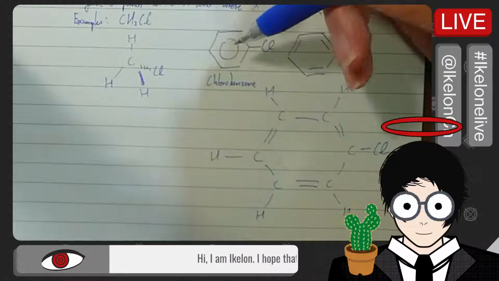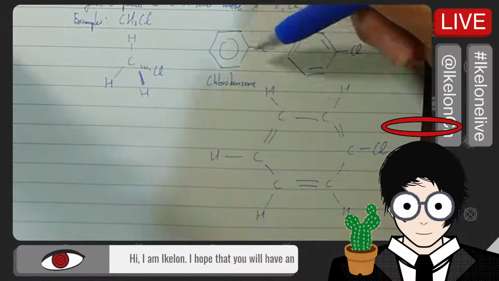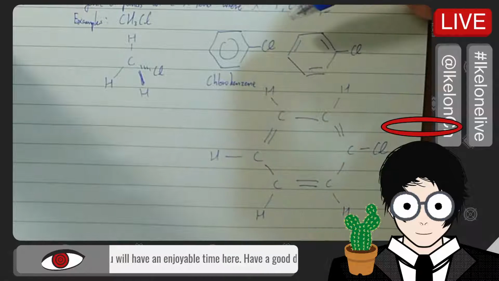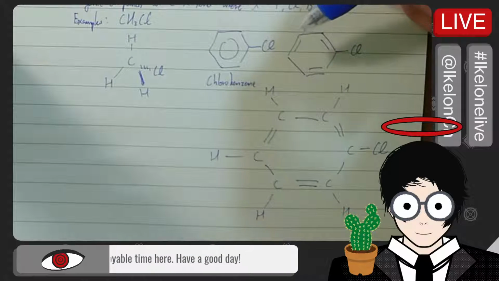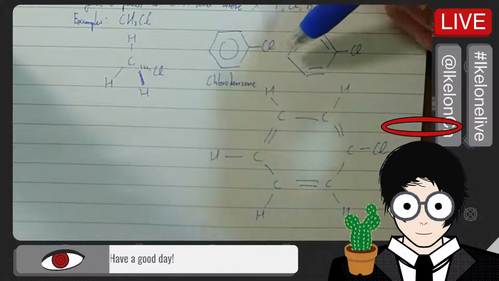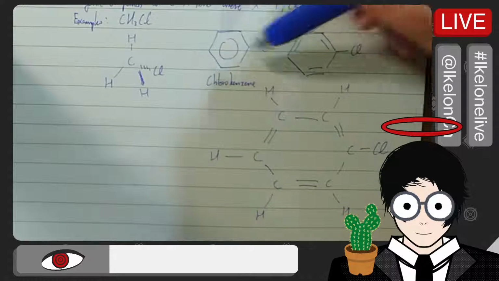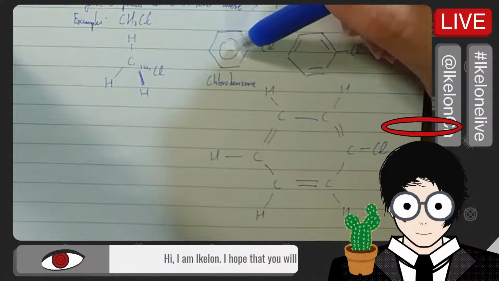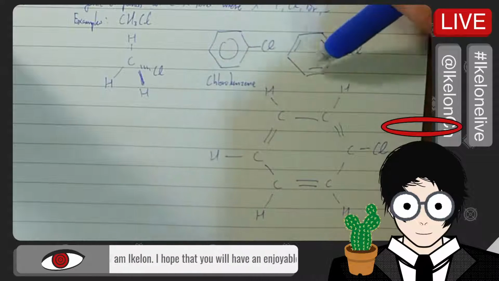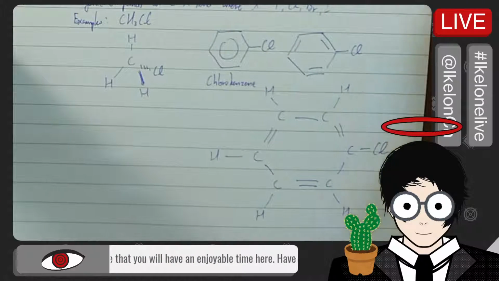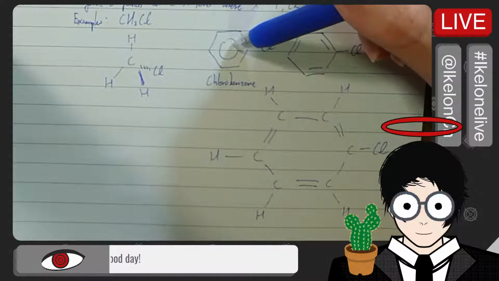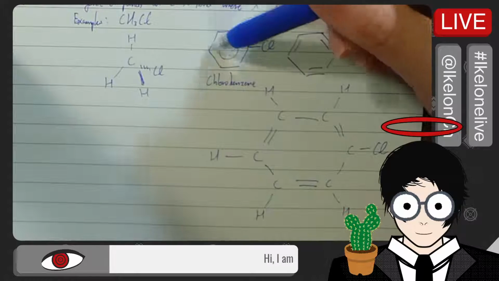So these three are all the same. I guess I'll teach you guys about skeletal formula. This is a skeletal formula. This is also a skeletal formula, but this one is more widely used because a circle is easier to draw than 3 lines, and it also represents the resonance structure of the benzene ring. That's why it's a circle.